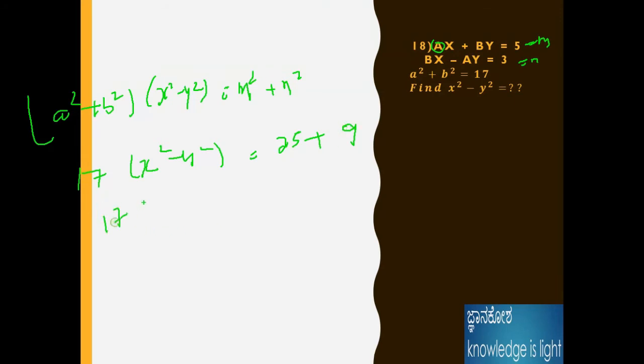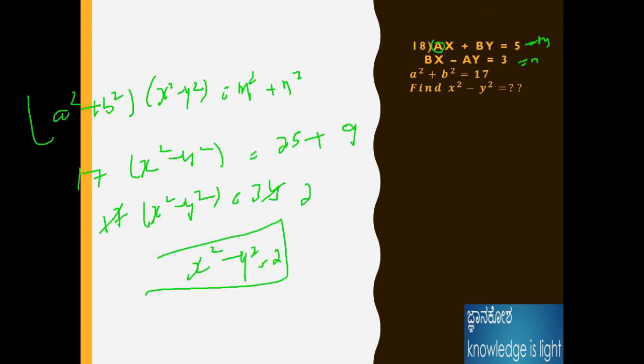Therefore 17 into x square plus y square is equal to 34. 17 into 2 is 34, therefore x square plus y square is equal to 2 is the answer for this question, because we already know this formula from childhood. ax plus by is equal to m, bx minus ay is equal to n, then a square plus b square into x square plus y square is equal to m square plus n square. This is the basic formula we already know from childhood.